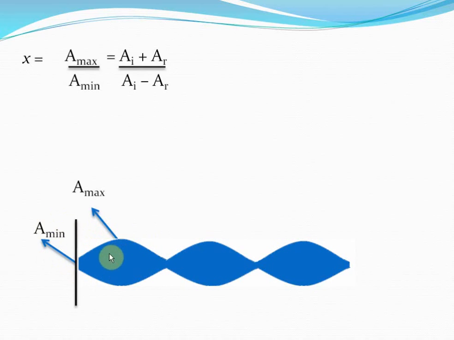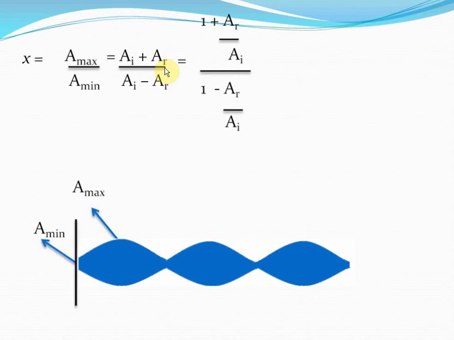Clearly A incident plus A reflected. What will be the minimum amplitude? A incident minus A reflected. We can simplify this and then it becomes (1 plus AR by AI) divided by (1 minus AR by AI). We have simply divided the numerator and the denominator by AI, the amplitude of the incident wave.